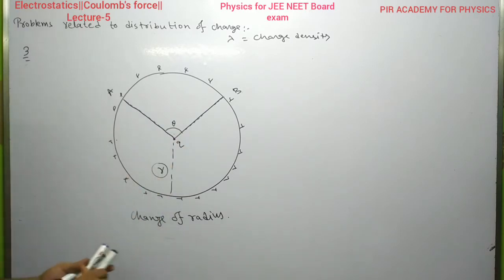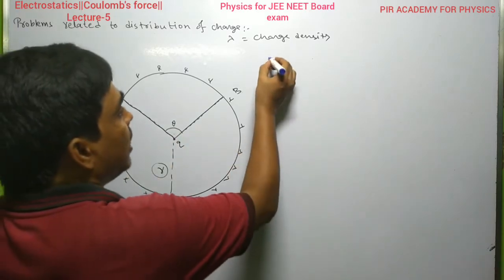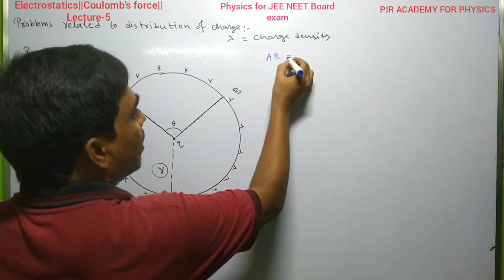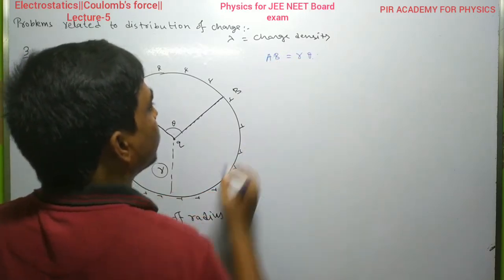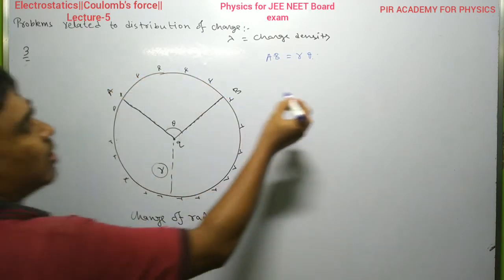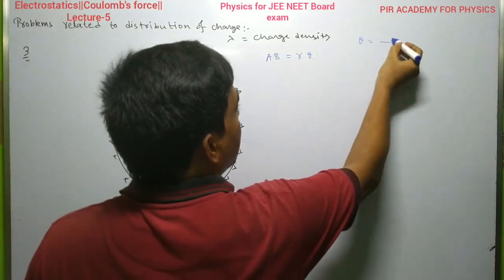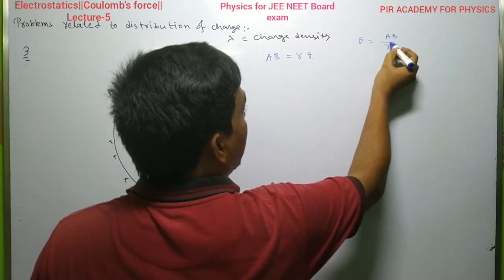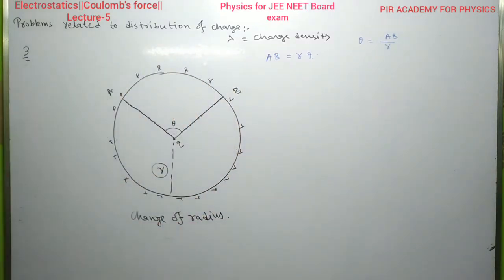So the length AB can be written as R theta, because AB is an arc, that means theta will be AB by R, so AB will be R theta.